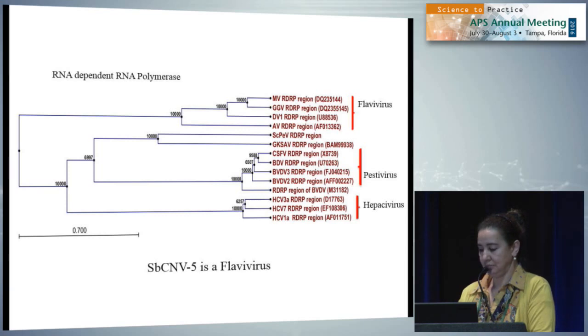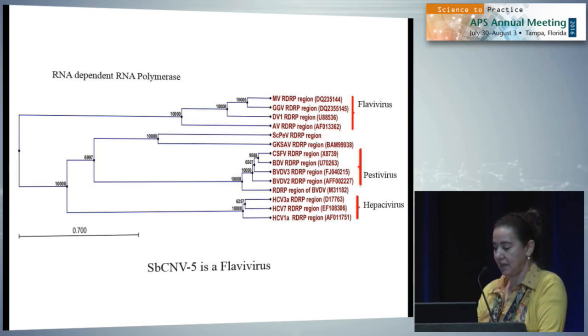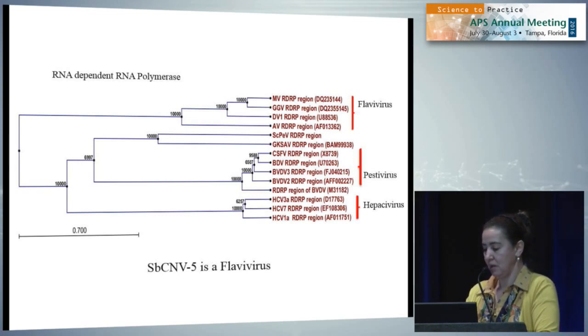Then when we looked more at the genome and analyzed the sequence, it seems to present a methyltransferase enzyme and some subgenomic RNA ends, which seem to put it back into the flavivirus genus. So this is a different virus from pestivirus, and we are confident now that it belongs to the flavivirus.